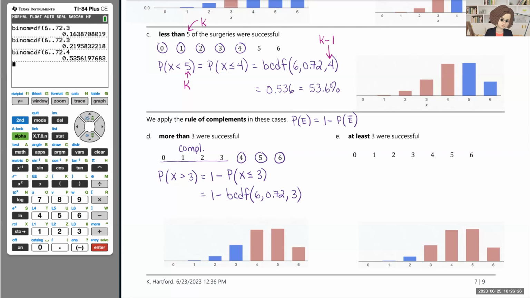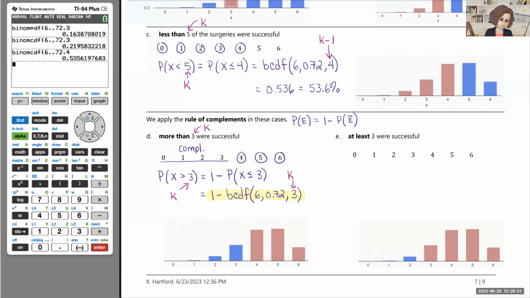In this case, the question is more than 3. So there's your K, more than 3. And then we just have to remember that you have to do the rule of complements. So to get the probability of the event, 1 minus the complement, and that complement ends at that same value that was in the question, that K.